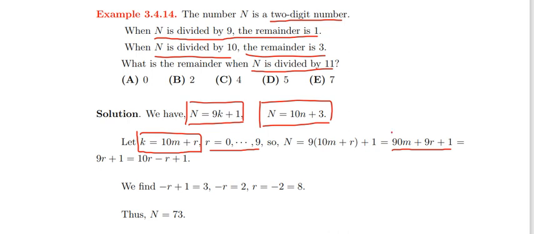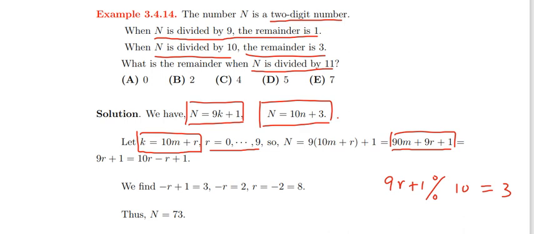So we then go back to check here. Divided by 10, the remainder is 3. So this, let's say 9r plus 1. This divided by, oh, I'm sorry, divided by 10, the remainder is 3.